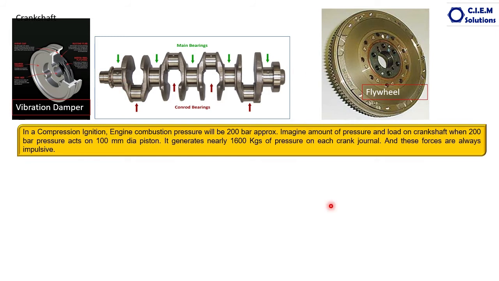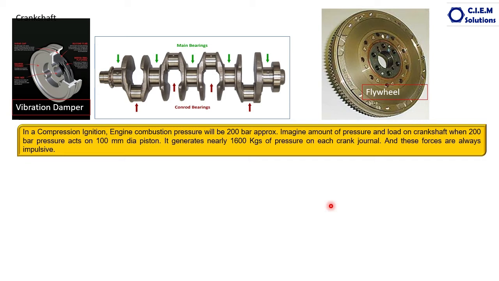In a compression ignition engine, that is a diesel engine, the compression pressure will normally be 200 bar. If you imagine a 4 inch piston, that is a 100 mm size piston, when 200 bar pressure is created during the combustion, during the power stroke, on each piston there will be an impulsive load of 16,000 kgs.